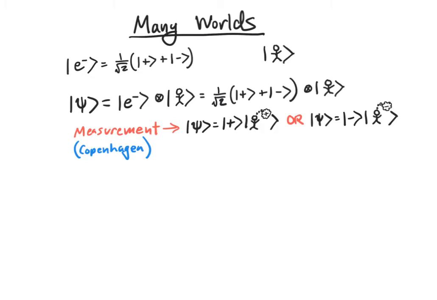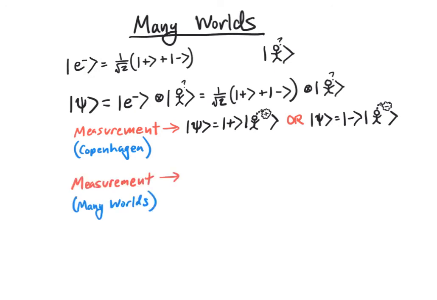Before you made the measurement, you didn't know what the spin of the electron was going to be. So in fact, we can go back and we can say that prior to the measurement, you were wondering what the spin would be.